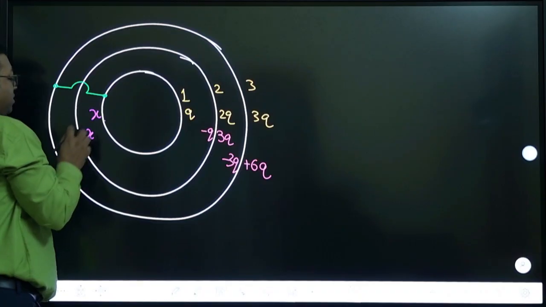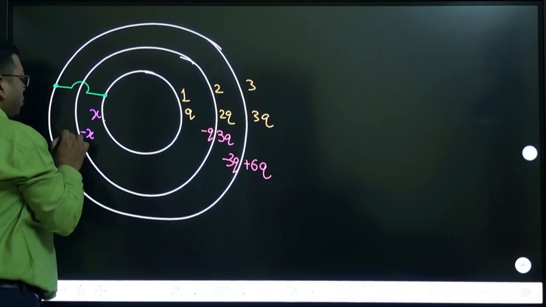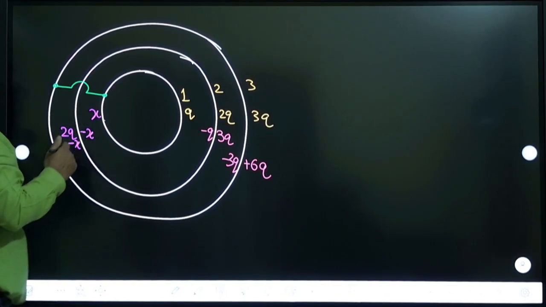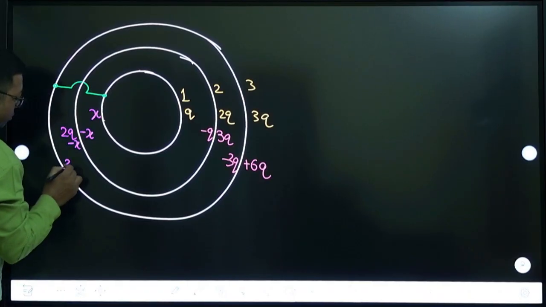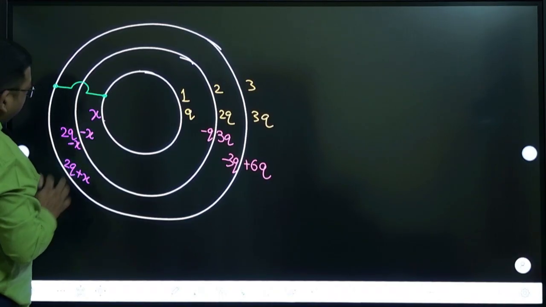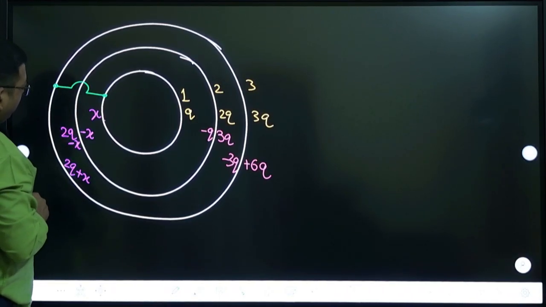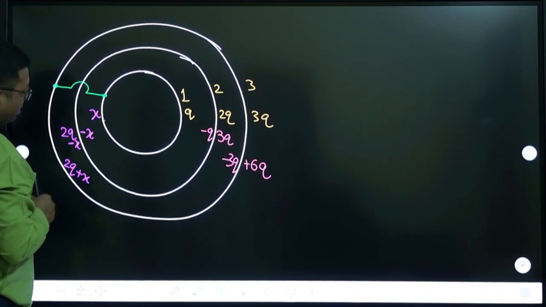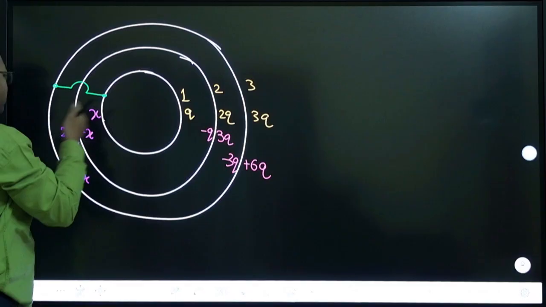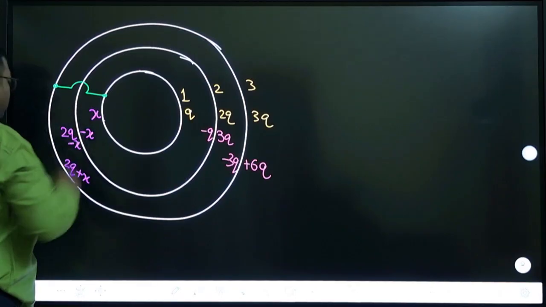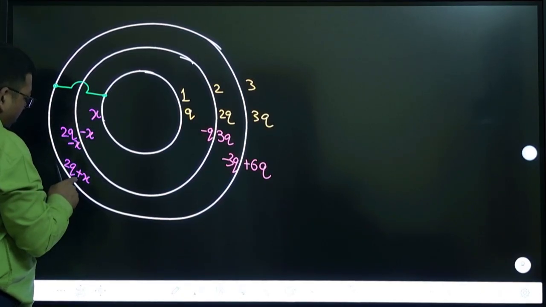Then on the outer surface here, the total charge is 2q, so this will be 2q minus x on this surface. Then here it must be 2q plus x. Will induction happen or not? Let us consider induction because they are very close by, and it is also in contact. So 2q plus x.